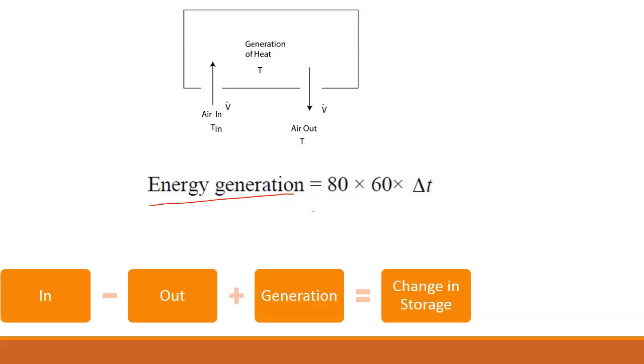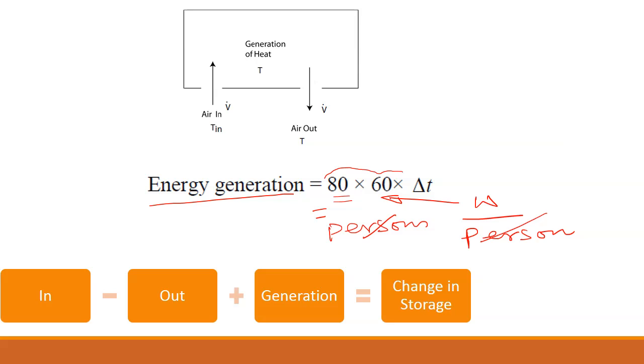Energy generation is equal to the number of persons times watts per person. So these two cancel, we get watts, that's joules per second, multiplied by delta T in seconds. So again, this is in joules.